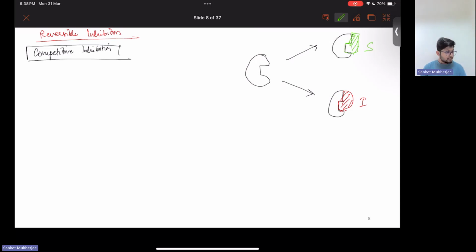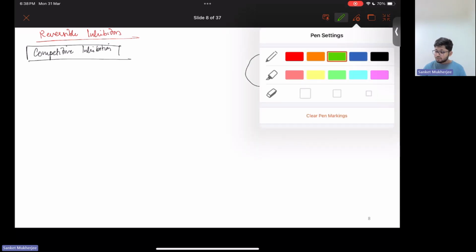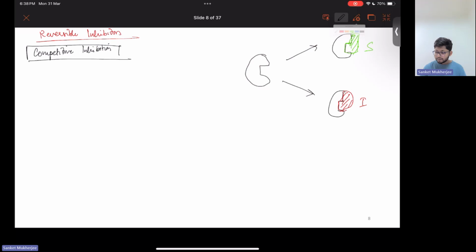So if we look at certain examples, how does this work? Let's have a look at it. If we have enzyme plus substrate, it forms enzyme substrate complex, which leads to enzyme plus product, right? There is a reversible binding of enzyme plus inhibitor in this step.